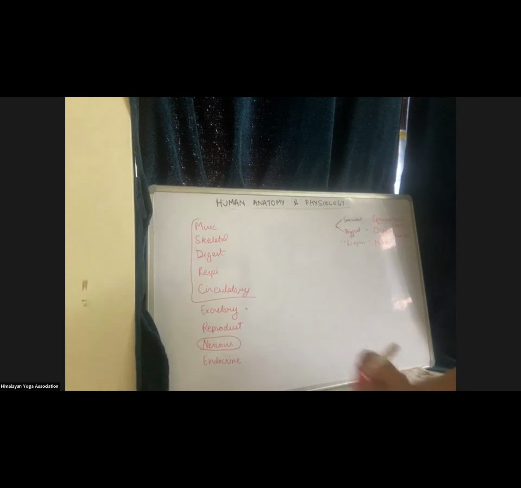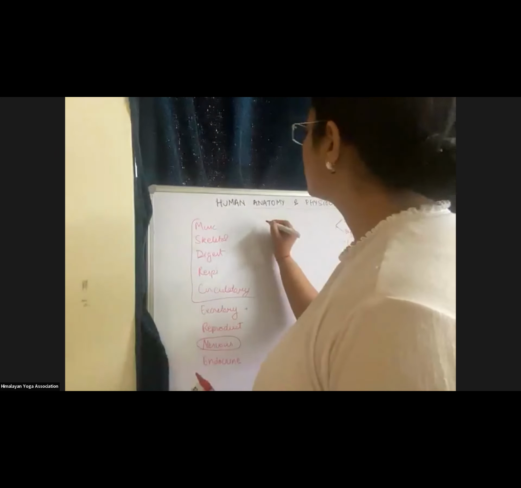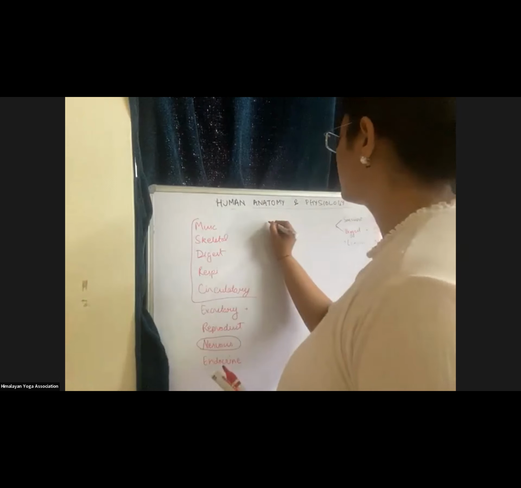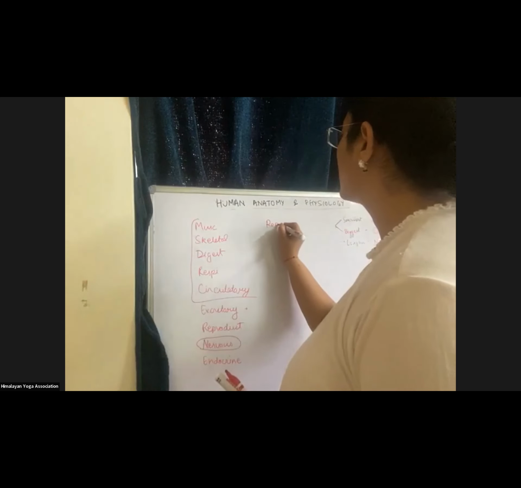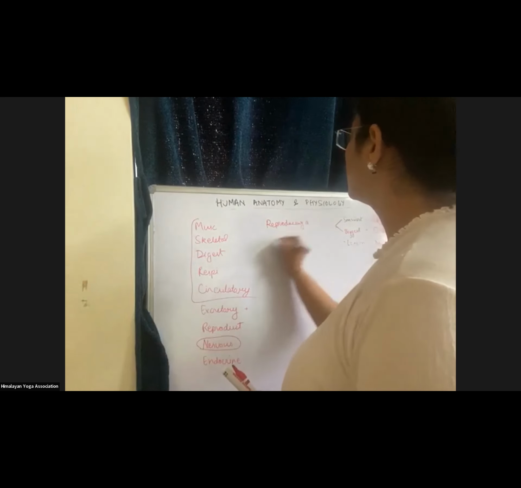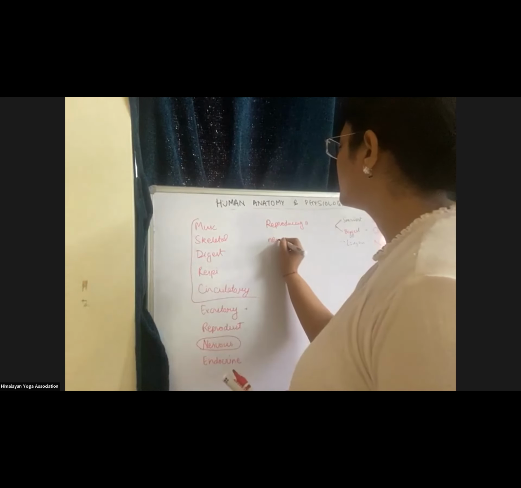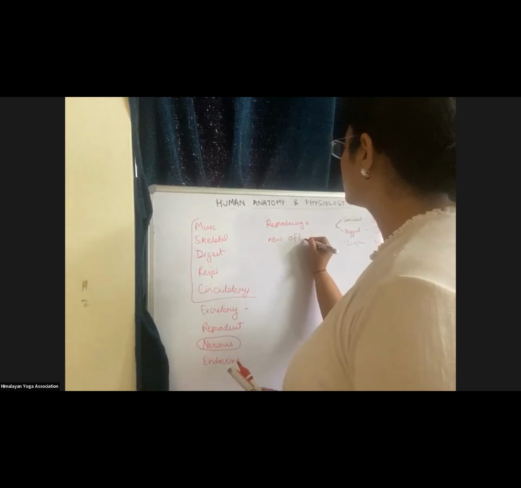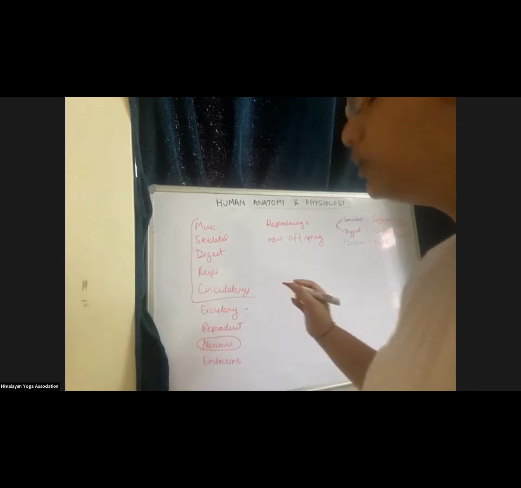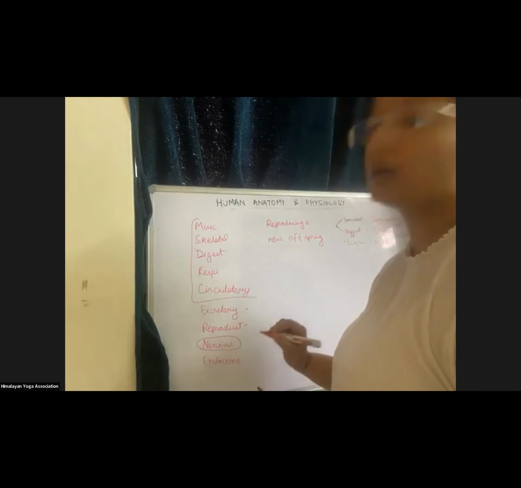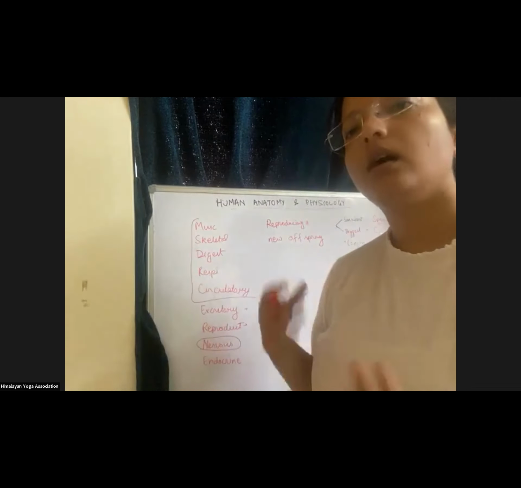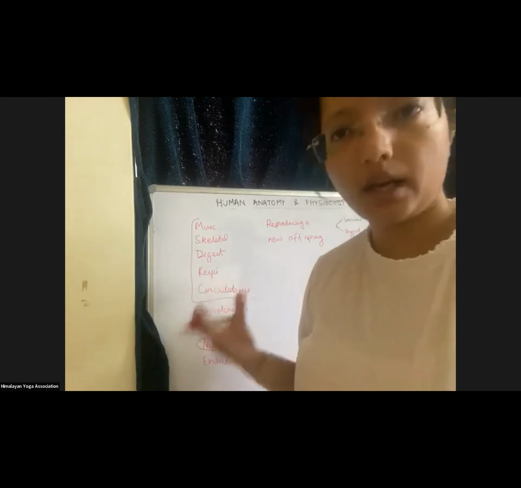Okay, so what happens in reproductive system? It is responsible for a new baby being born through this system, but out of ignorance, girls are generally not taking care of their health.